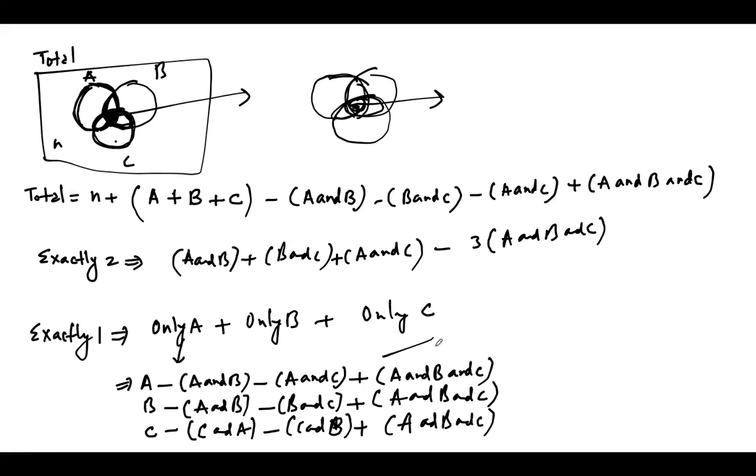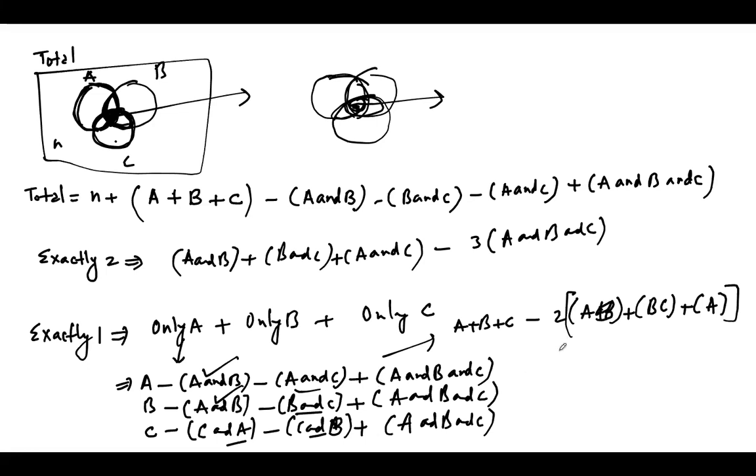Then if you are adding, what are you getting? A plus B plus C. How many times are you getting A and B? 2 times. Similarly, A and C 2 times, and B and C 2 times. So 2 times of AB plus BC plus CA.